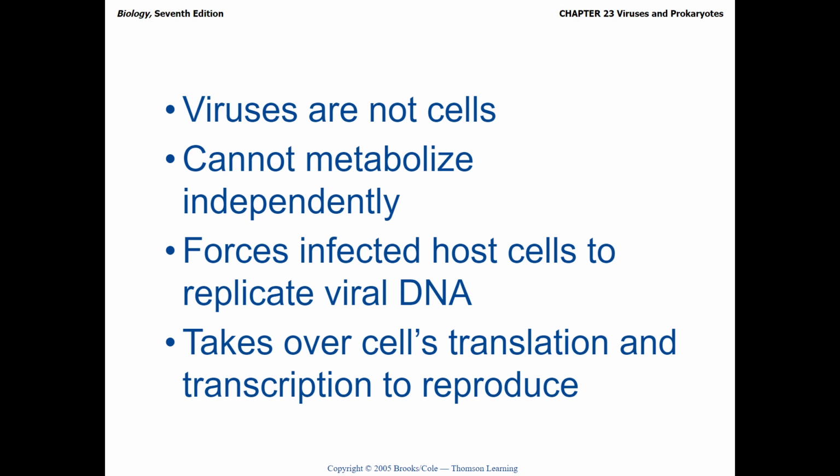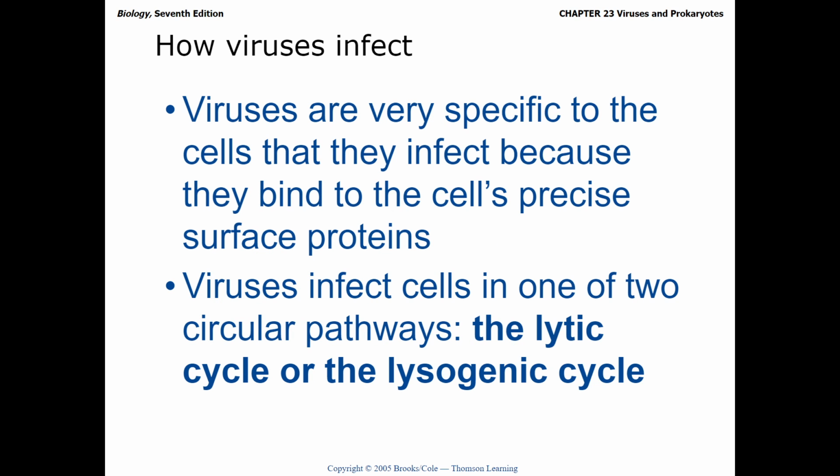Now, that is generally what we see if a virus contains RNA. They will have to backtrack and create DNA in order to get their genetic material. Viruses tend to be very specific to the cells that they infect because they actually have to bind to the cell's precise surface proteins. And all of our cells have slightly different surface proteins.